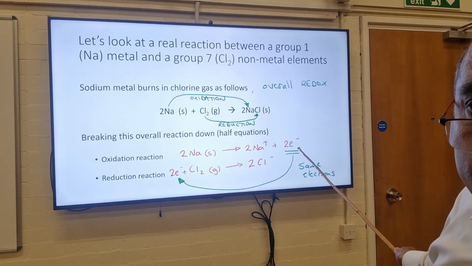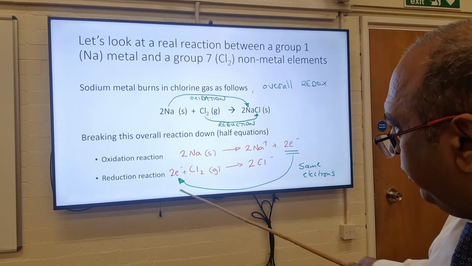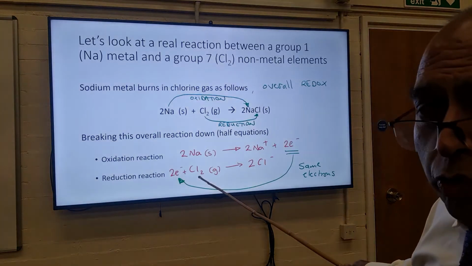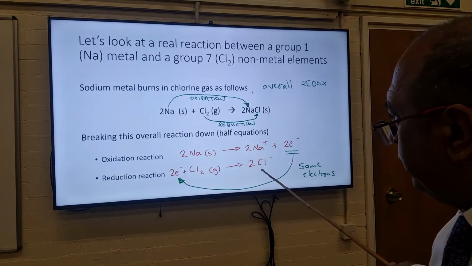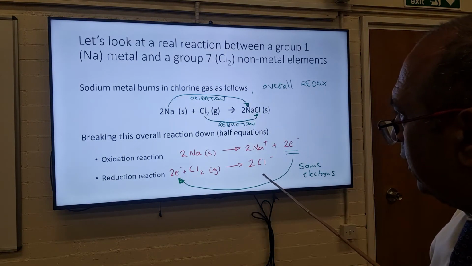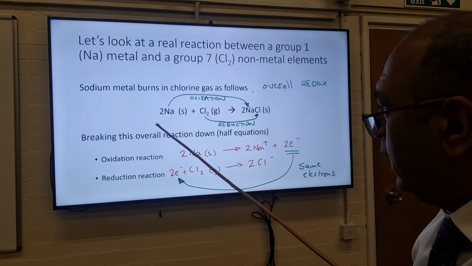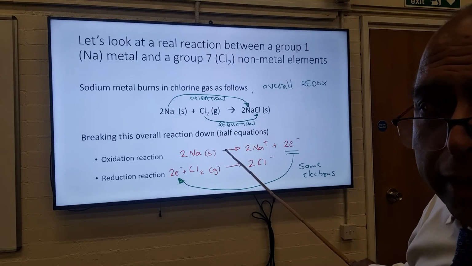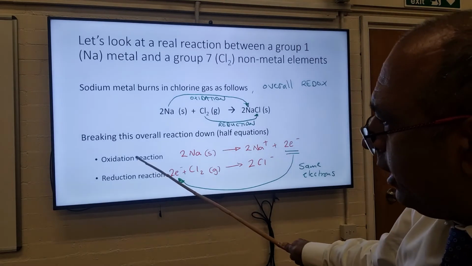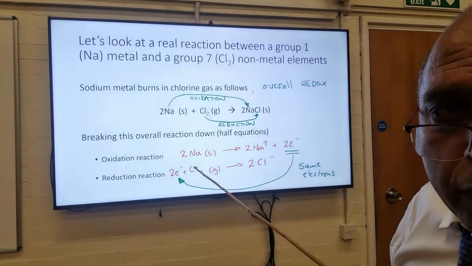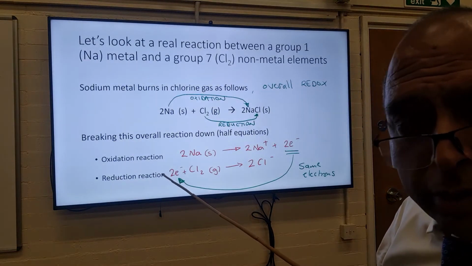Those two electrons there are the same electrons that react with chlorine molecules, turning them into chloride ions. So that's the overall equation, balanced symbol equation. That's a half equation or an ion-electron equation to show oxidation. This is an ion-electron equation to show reduction.